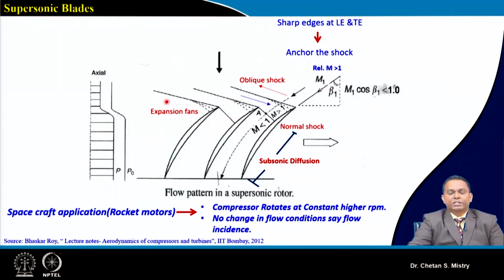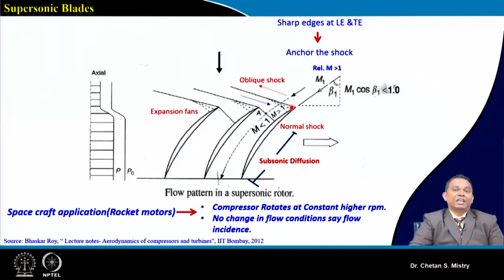Now here in this case, this edge is a sharp edge, and that's the reason why my flow, or my shock, is getting anchored. This kind of configuration has been most widely used for spacecraft application, for rocket application, where my operational time is very low, and my compressor is rotating at a constant speed.